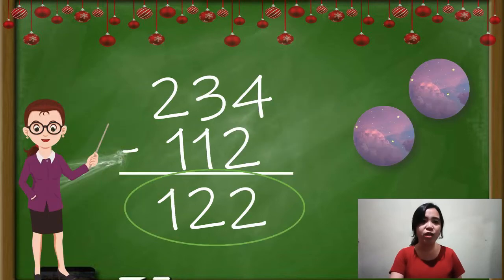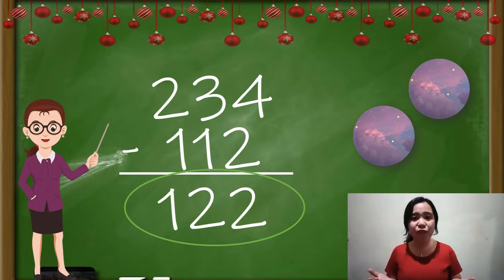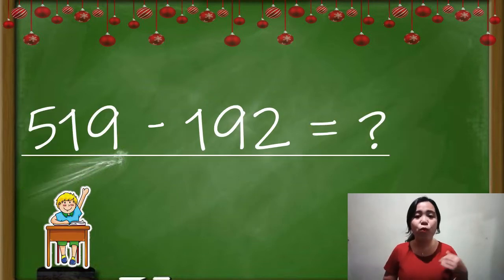So therefore, what is the answer from subtracting 112 from 234? The answer is 122. I will give you another example for you to understand it more deeply. So I have here 519 minus 192 is equal to blank.